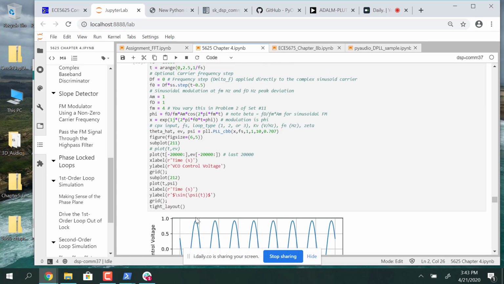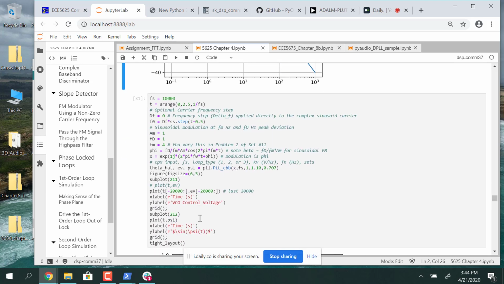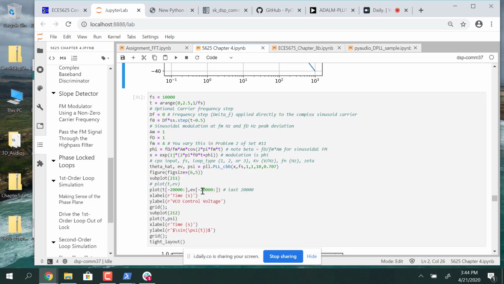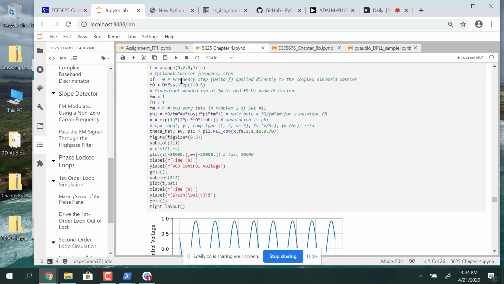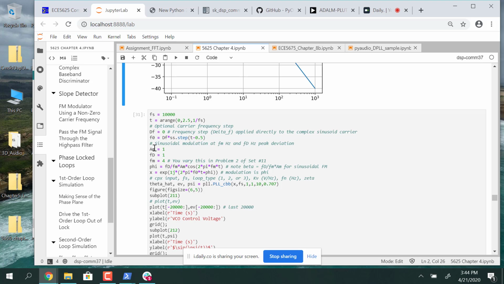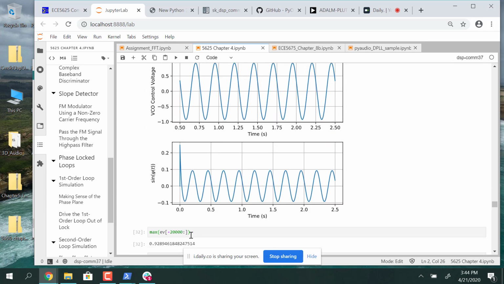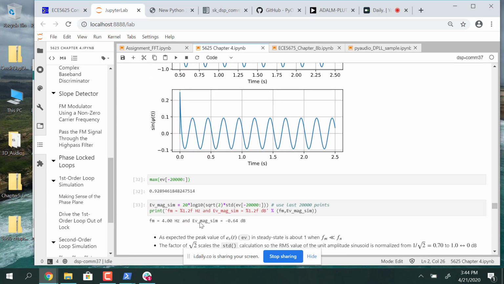And I know, John, you asked me this question over the weekend, but you could actually automate this whole process. You could cut out a lot of this plotting. You could put a loop around this whole thing and just give it a list of frequencies you want to step over, and then every time it gets done running the simulation, it runs a piece of code here and puts these numbers into another list.